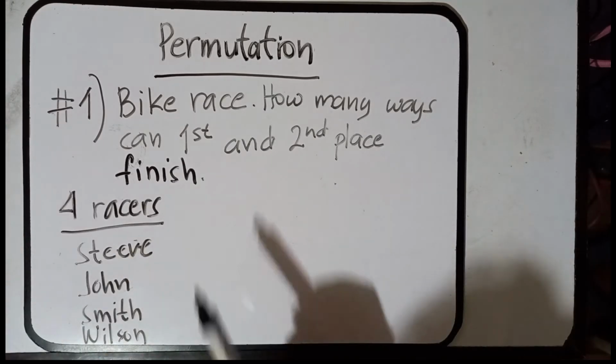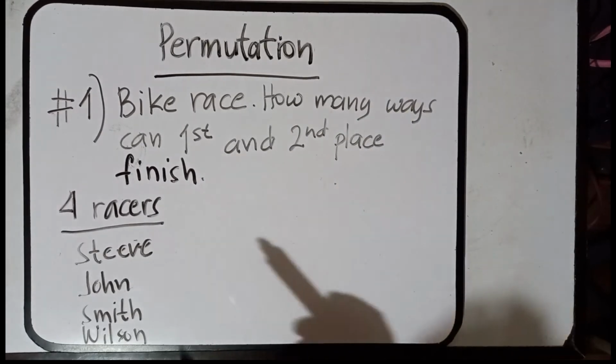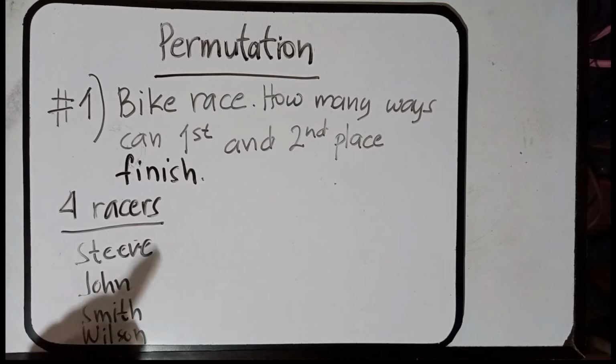Given these 4, how many ways can first and second place finish? For us to identify the permutation of this case, what we will do is make a tree diagram, assuming that each racer from this list is the first placer, and then assuming the rest to be the second placer.